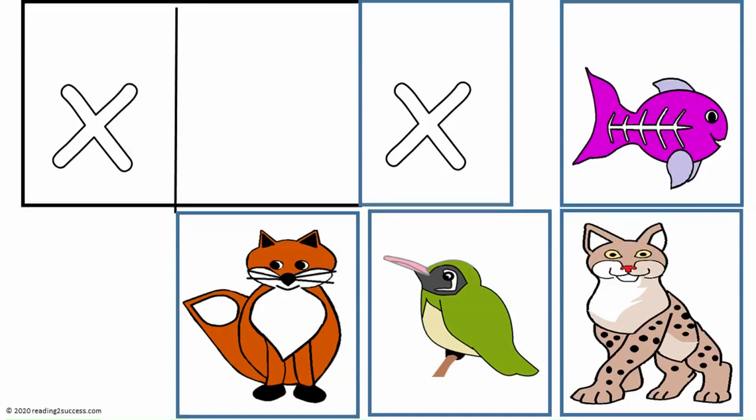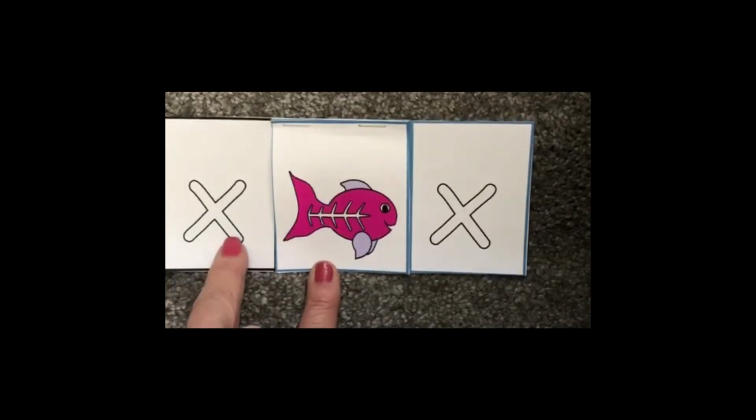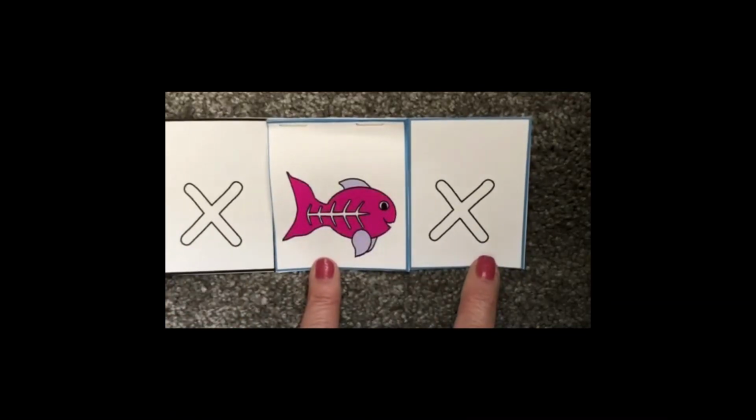This is the template for the next activity. This is the X mini booklet, and it is different from the others because it has an X on this side and an X on this side.